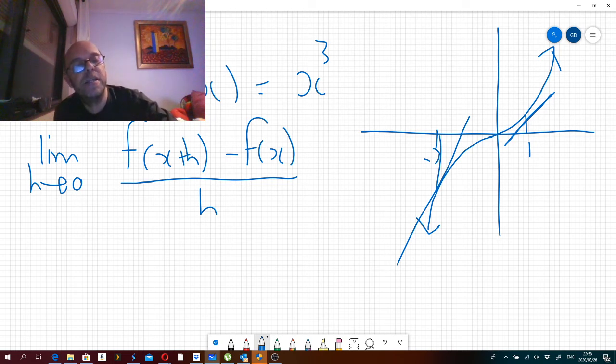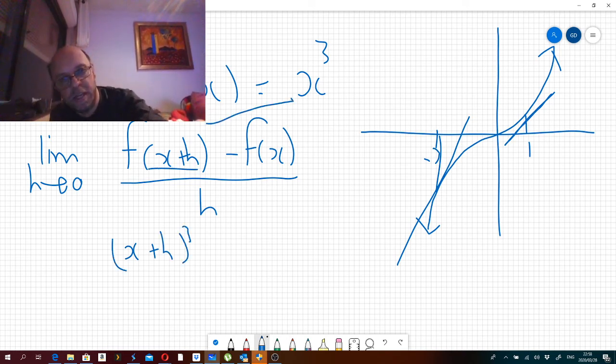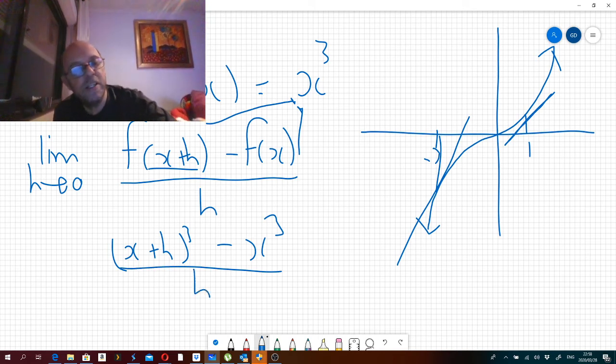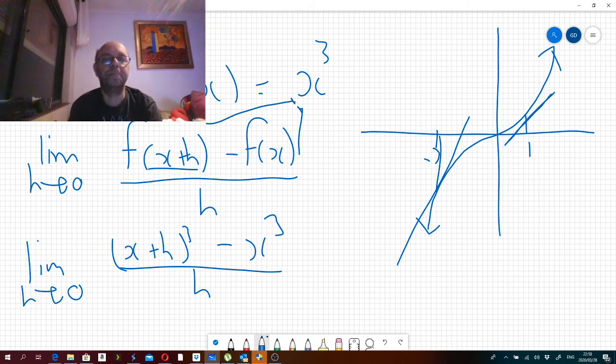This means we want to find x plus h cubed, because we first plug x plus h into the x cubed function, and then we plug in x, which just gives x cubed, and we put that all over h, with our limit as h approaches 0. Okay, so can we work out what x plus h cubed is?